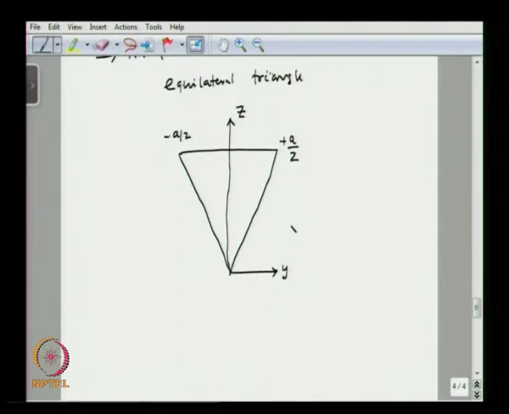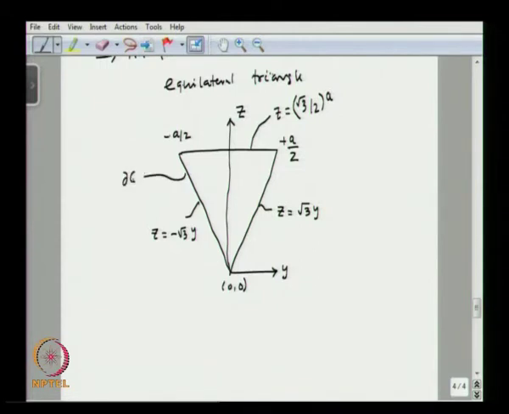The equation of this line is going to be z equal to square root of 3 y, and this line will be z equal to minus square root of 3 into y, and this line would be z equal to square root of 3 divided by 2 into a. We have the origin here, and this is the boundary del C, and we are talking about this domain which is C.